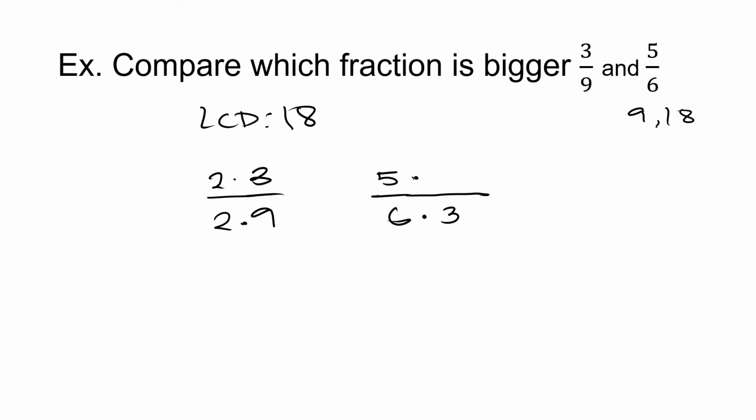Now, what number do we multiply the top with? 2? No, 3. Because we're multiplying the bottom with 3. It's like a mirror. Whatever you do in the bottom part of the fraction bar, you also do on the top part of the fraction bar. Now convert. 2 times 3 is 6. 2 times 9 is 18. 5 times 3 is 15. 6 times 3 is 18.